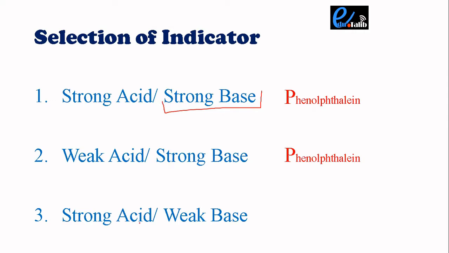Whatever the strength level of the acid is, we just have to focus on the base. When the base is weak, we have to use methyl orange. So students, we only have to remember: when the base is strong, we use the phenolphthalein indicator, and when the base is weak, we use methyl orange as the indicator.